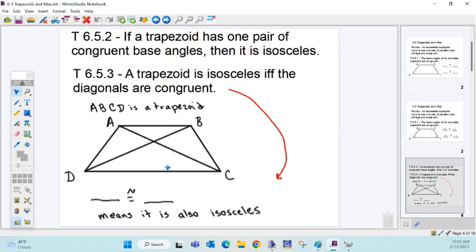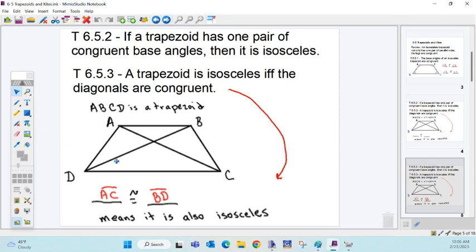So what are those congruent diagonals on this particular figure? Peyton, what's the diagonal on this? A to C, good, AC and BD. So those are our congruent diagonals, AC and BD.